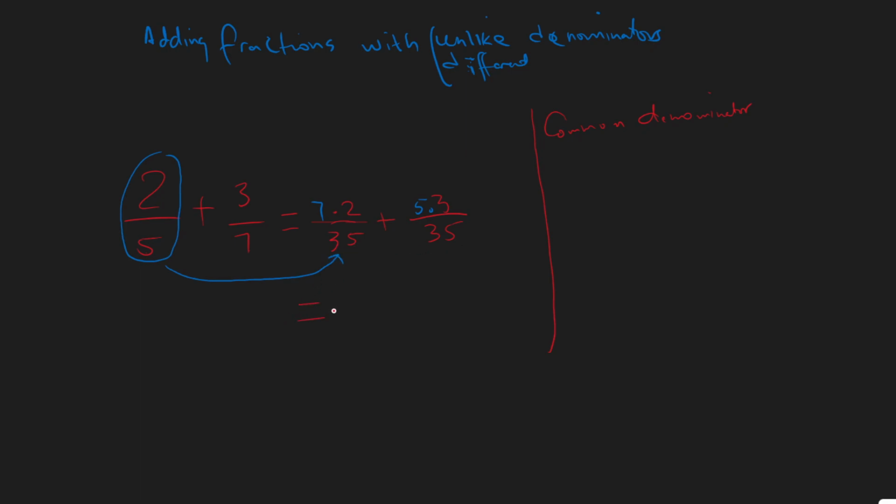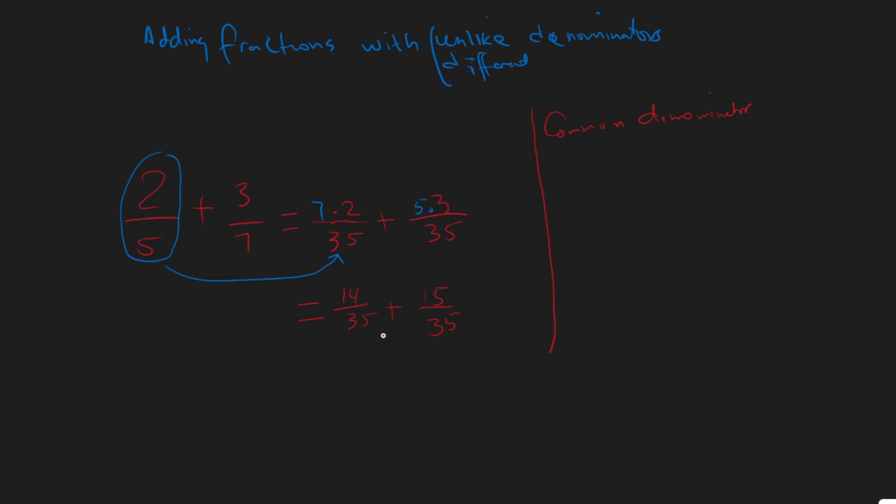So this is equal to 35 on the bottom, but 7 times 2 is 14, plus 5 times 3 is 15.